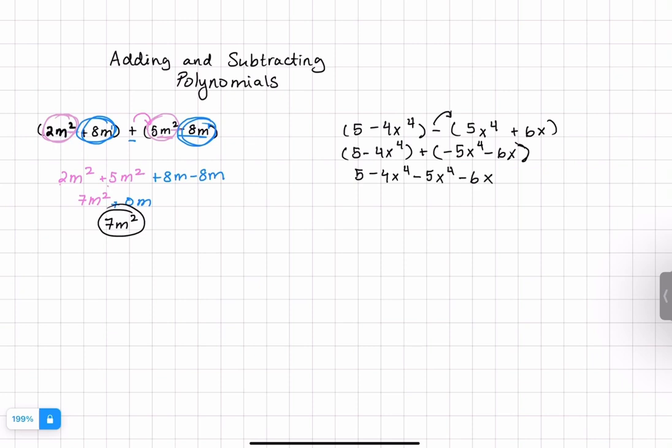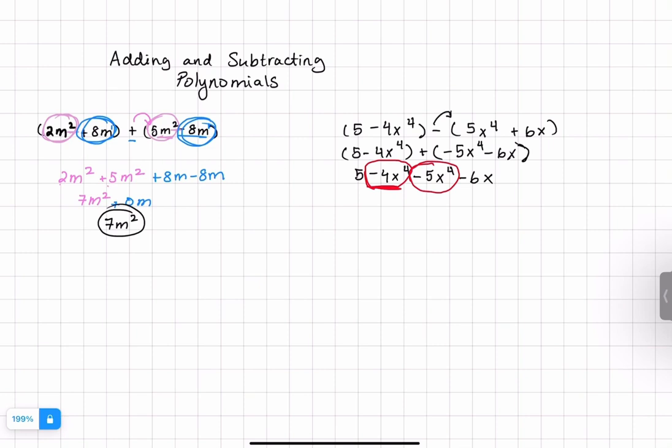So you basically circle the like terms. Negative 4x and negative 5x to the 4th, they both have their variables x raised to the power of 4.